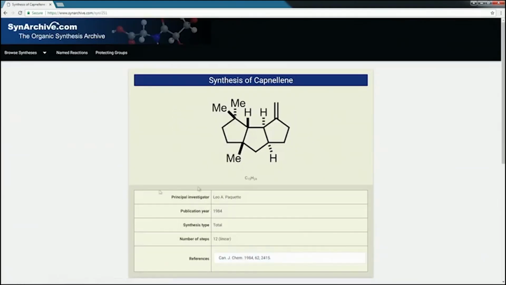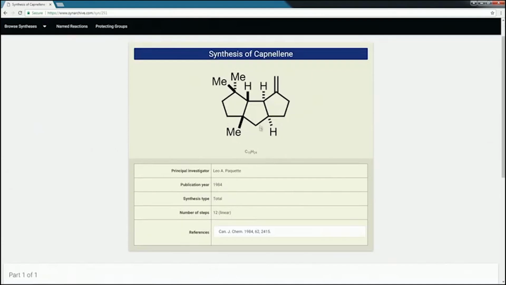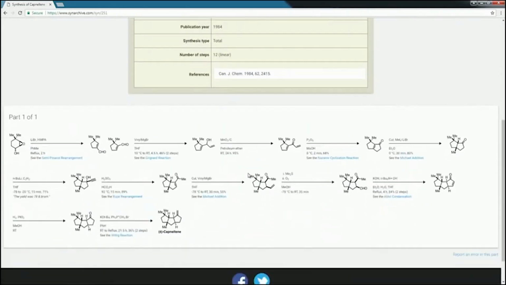Now, see this molecule, they said this molecule has this structure, and this molecule was reported in 1984. The investigator is Leo Paquette, a great organic chemist, and you see the entire forward pathway was given to you.